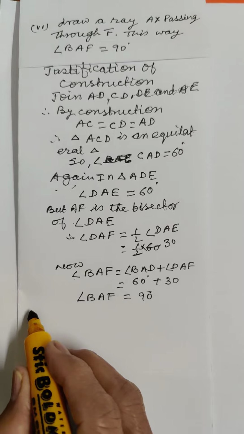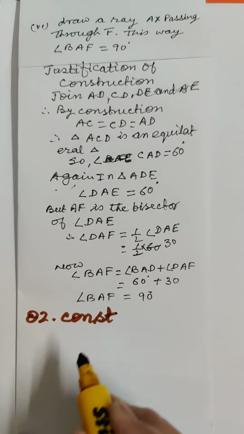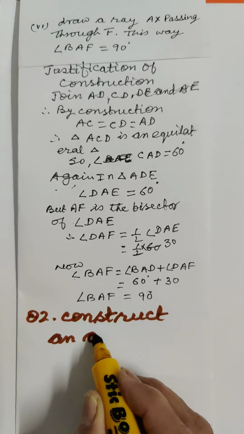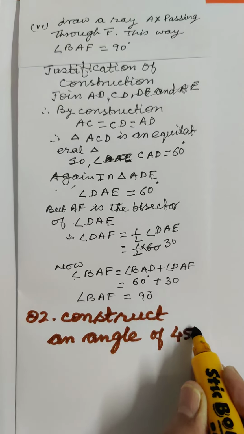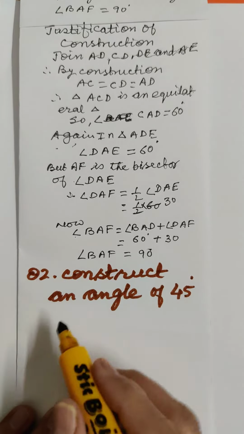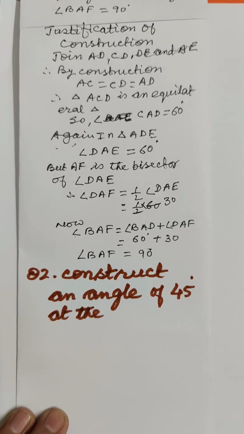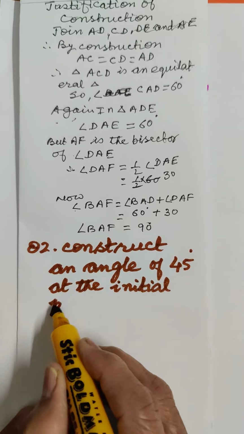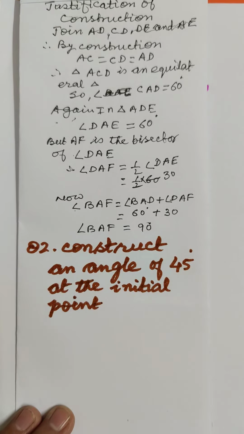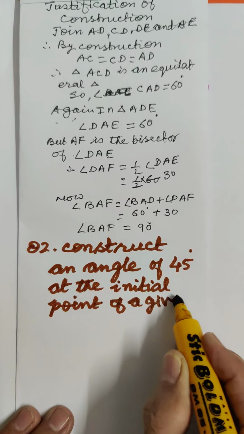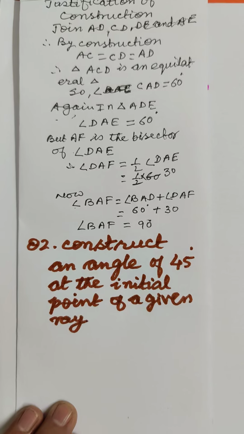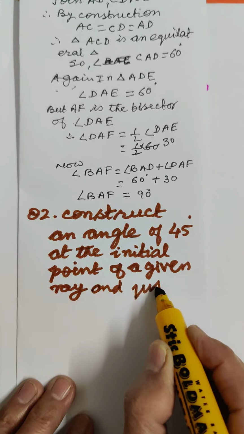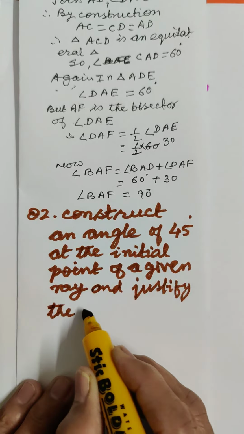Construct an angle of 45 degree at the initial point of a given ray, and justify the construction.